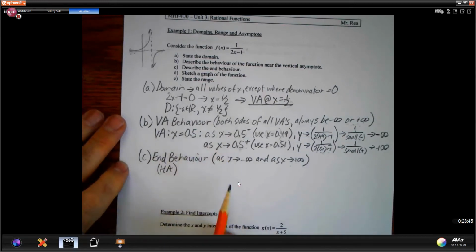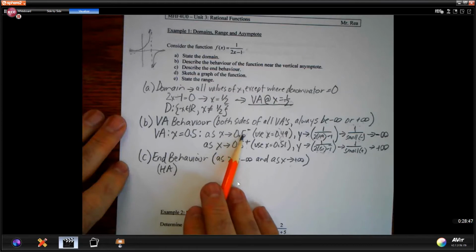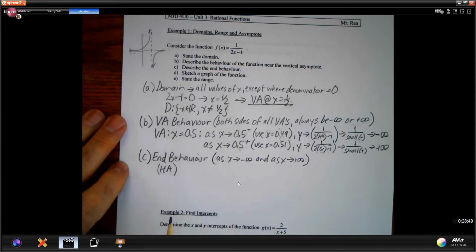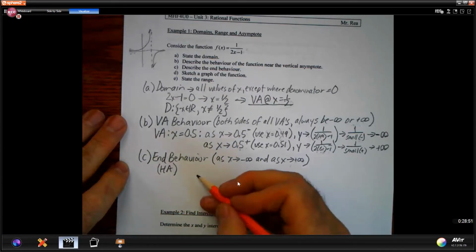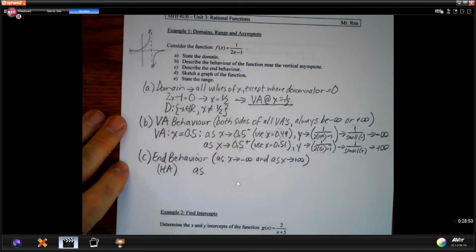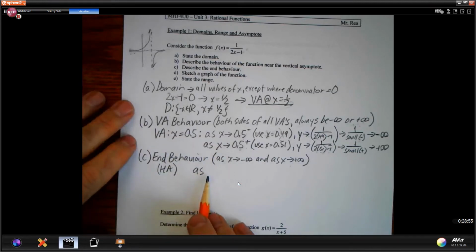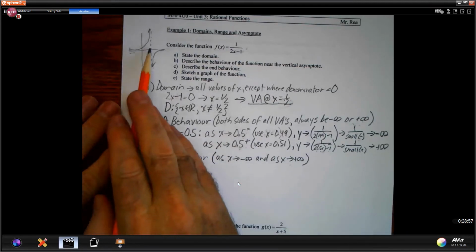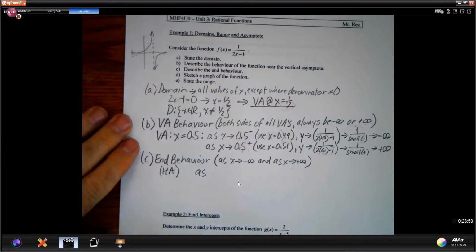So this time, instead of looking at a number really, really close to the vertical asymptote, first of all, to simulate x approaching negative infinity, as it goes further and further to the left, I'm just going to pick a fairly large negative value.